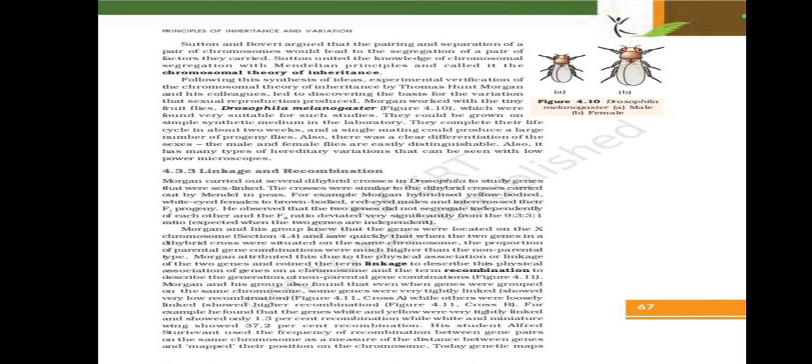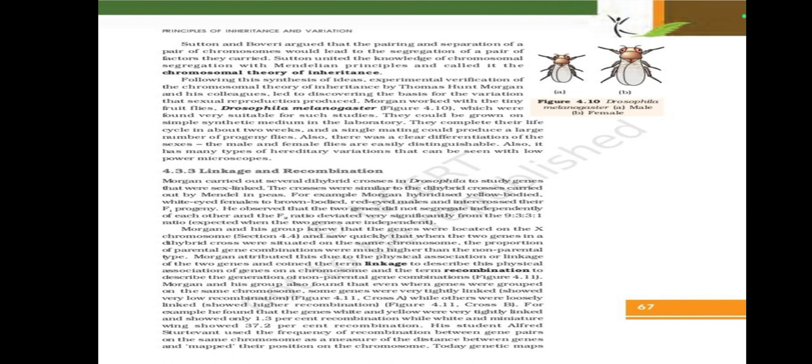They complete their life cycle in about two weeks, and a single mating could produce a large number of progeny flies. Also, there was a clear differentiation of the sexes. The male and female flies are easily distinguishable. Also, it has many types of hereditary variations that can be seen with low power microscopes.